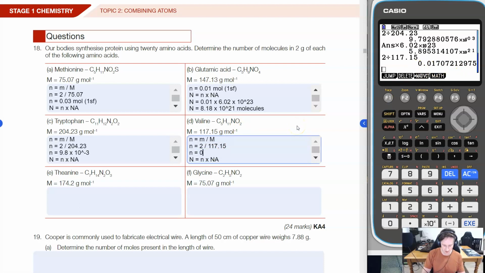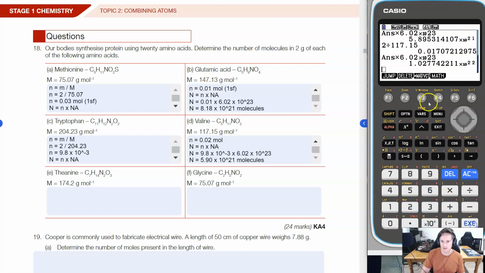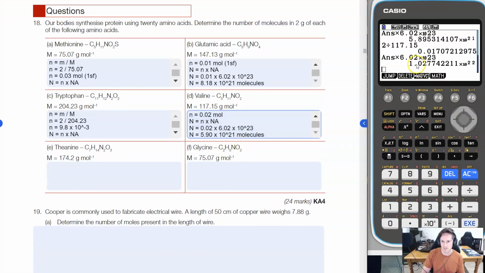So I'll round that off to 0.02 mole. And then multiply that by Avogadro's number to give us the number of molecules. So I'll just go 0.02 and then multiply by Avogadro's number to give us 1.03. So round that up to 1.03 times 10 to the 22.